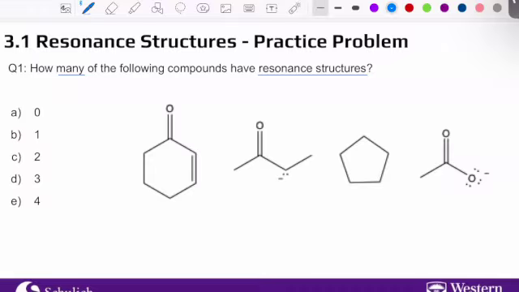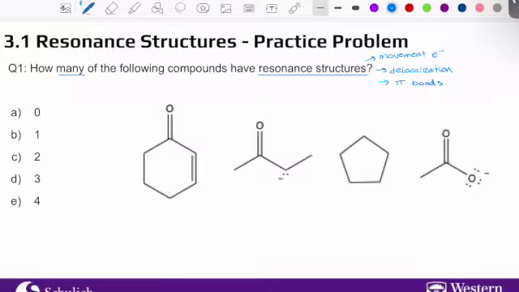So off the start, the approach that I would take is we know that it's the movement of electrons, and we know it depends on delocalization, and that's just really another word for movement of electrons, and also involves pi bonds.